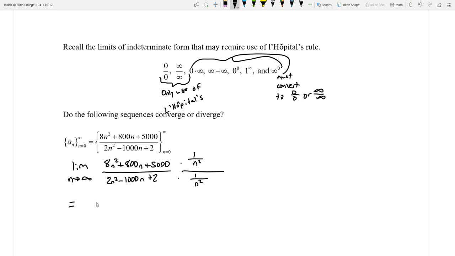And so when we do that, we get 8n squared over n squared plus 800n over n squared plus 5,000 times 1 over n squared.